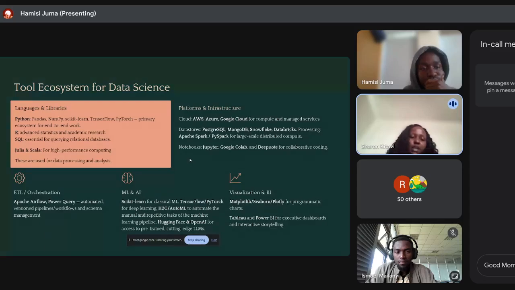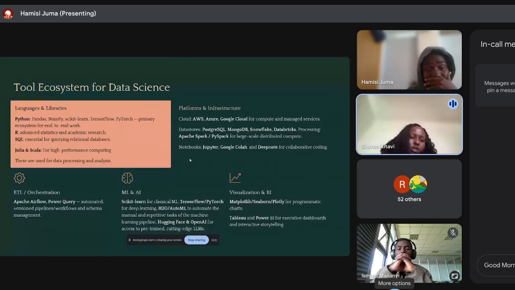pandas, NumPy, scikit-learn, TensorFlow, and PyTorch, which are used in the training and deployment of models, and each have different uses.